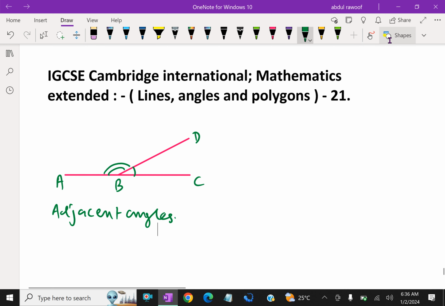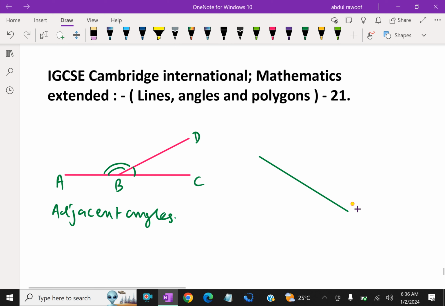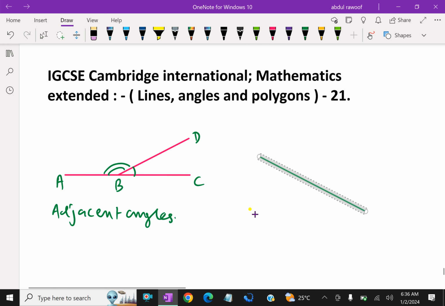One more. Now, look at this. Here, these two angles are vertically opposite angles.